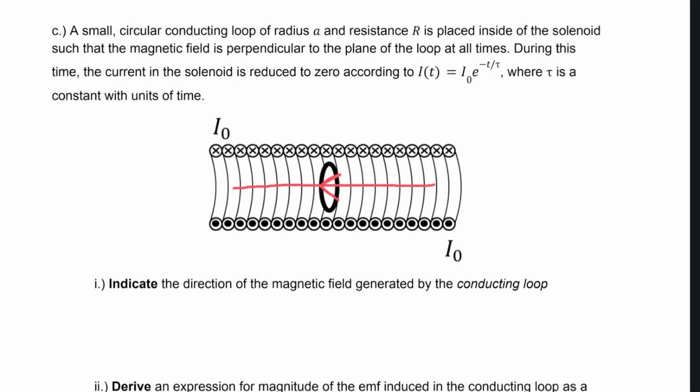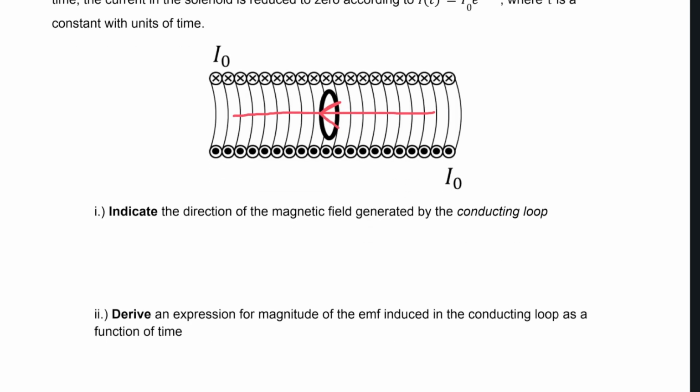Indicate the direction of the magnetic field produced by the conducting loop. We have a leftward magnetic field in the solenoid that's decreasing, so the current loop will attempt to restore the field to its former glory, so that will be left.